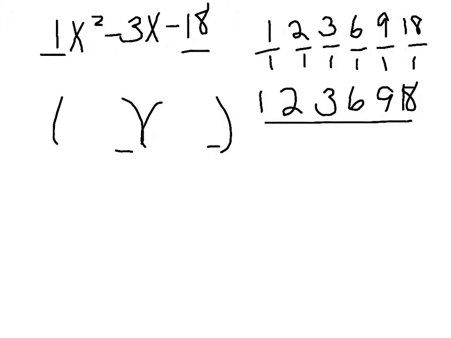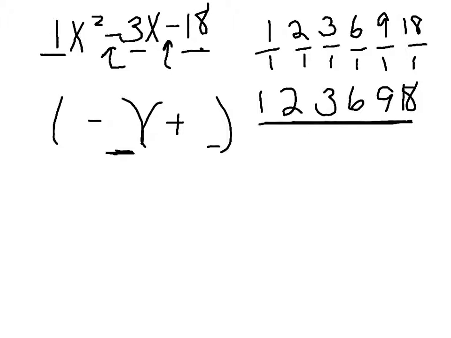So let's look at my sign. I have a negative here, and the only way to get a negative is with a negative and a positive. And then I have a negative here, so that means my greater number will be with my negative sign. Okay. What are 2 numbers out of this set of numbers that can multiply together to get 18, but when I add them, or subtract them actually, I'm going to get 3.